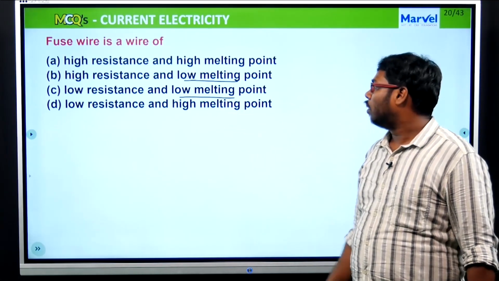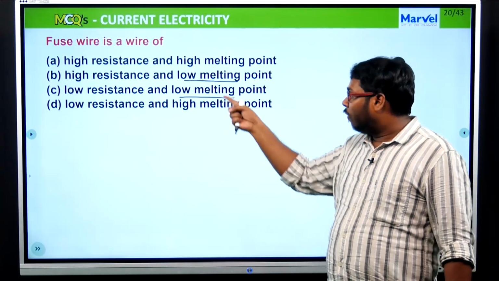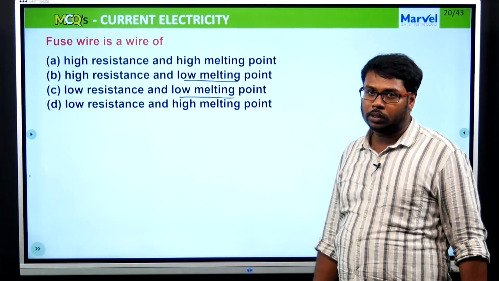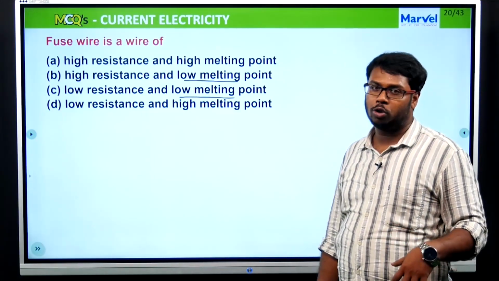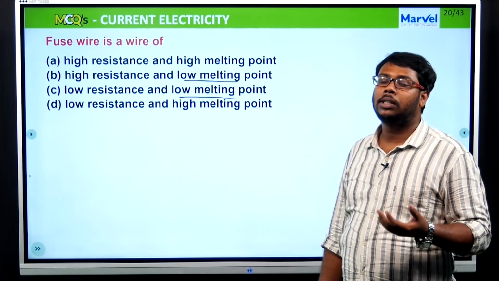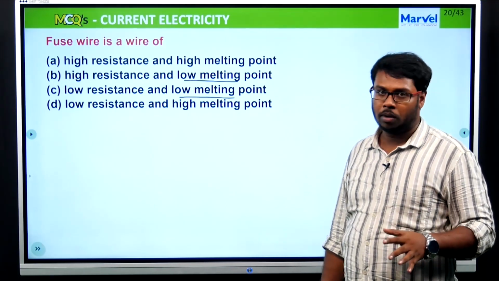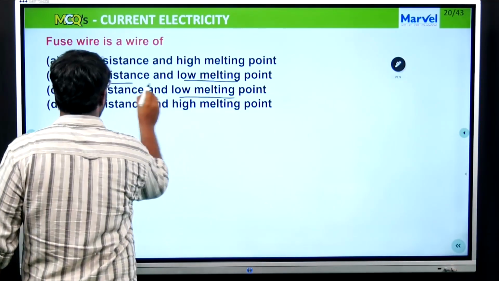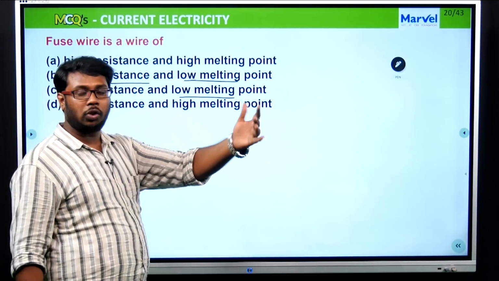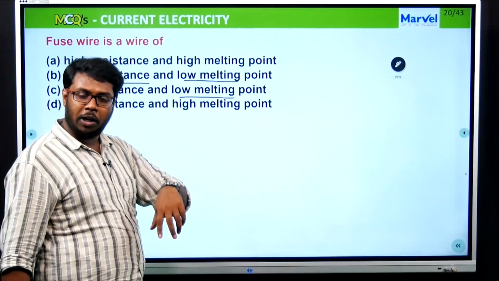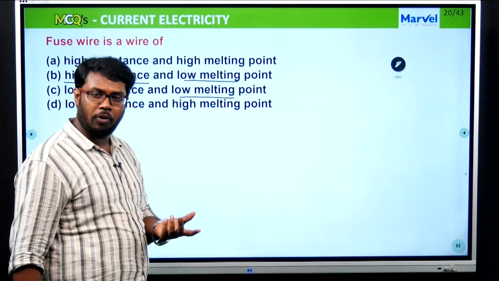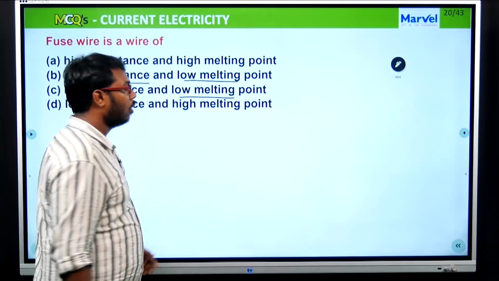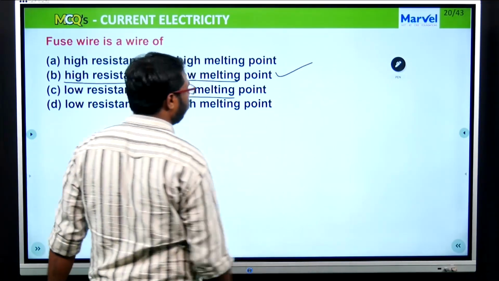If it has a low resistance, the power dissipation will also be low, so it will not generate enough heat to melt it. So it should have high resistance in order to have a high power dissipation, which will produce a huge amount of heat energy and help the wire to melt. So option B should be correct.